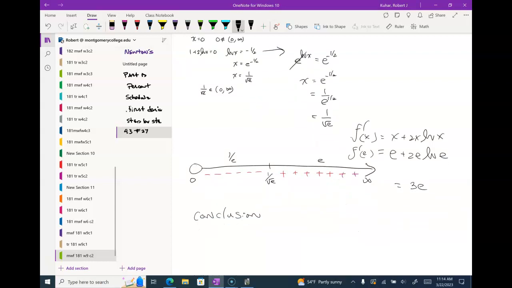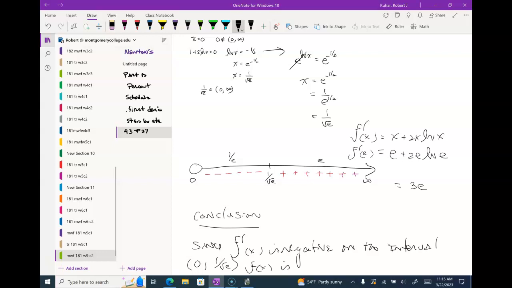So cheat. Conclusion. Since f prime of x is negative on the interval 0 to 1 over square root of e, f of x is increasing on that interval.